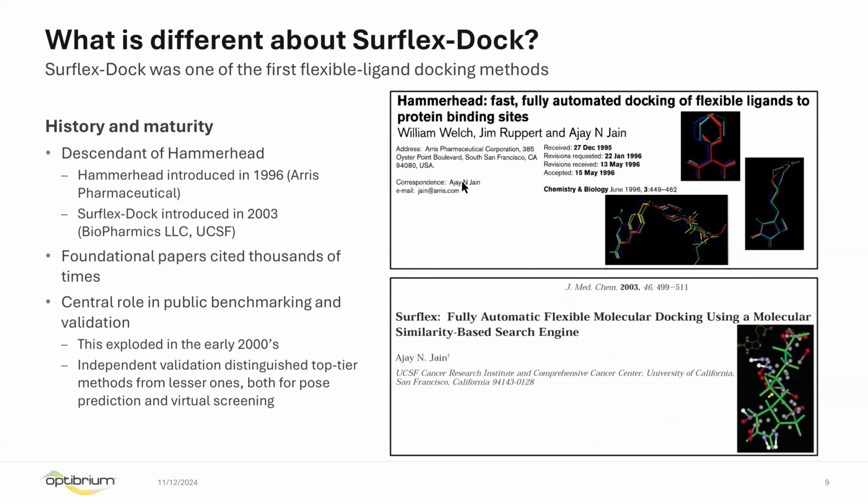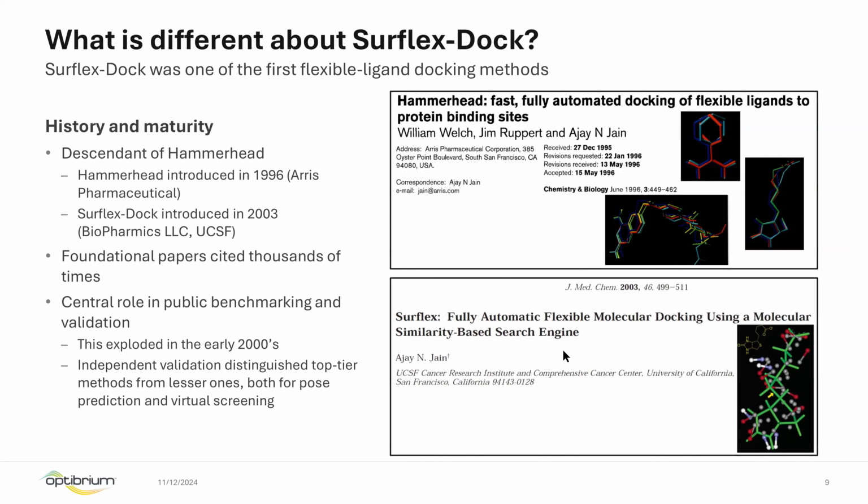Eris is long gone, but the method still exists now in the form of Surflex, which we introduced in 2003 during the time that we were at UCSF, but also jointly running BioPharmics. So what we did was take some of the good ideas from Hammerhead involving things like scoring functions and protomols, and we'll get into some of that in a minute, but then re-implement it into a much cleaner and more effective and more automatic set of methodologies.